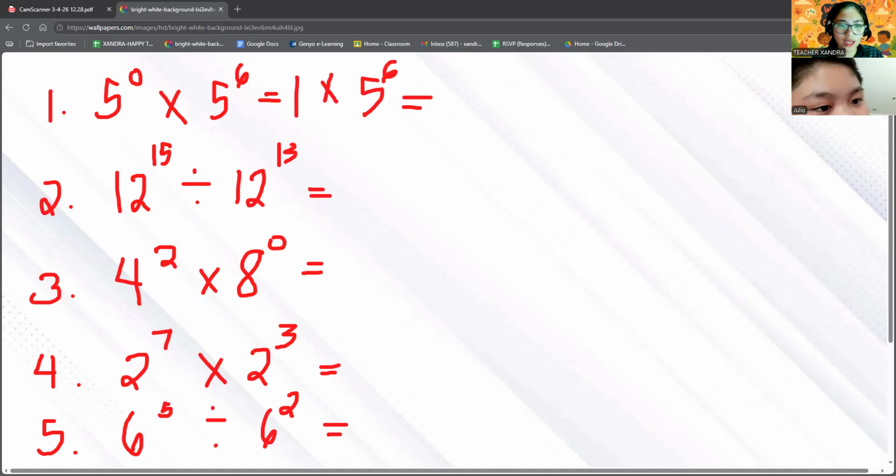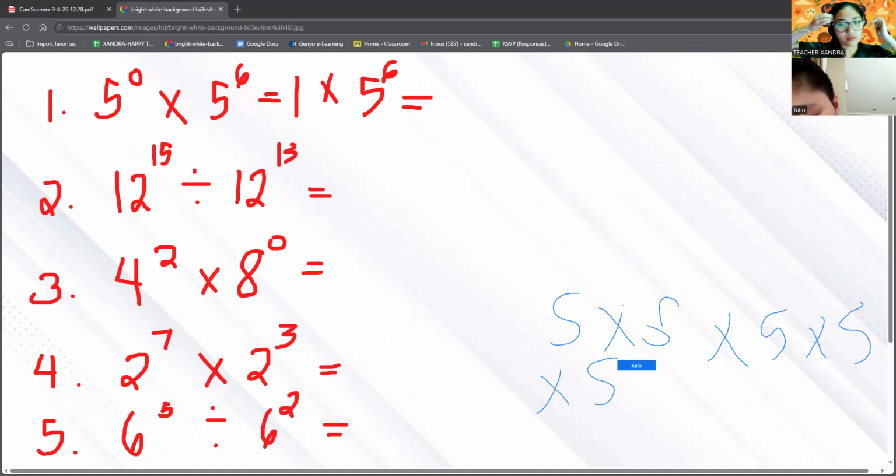So you need to find the product of this one. So you start multiplying 5 times 5 times 5 times 5 times 5. I hate powers.